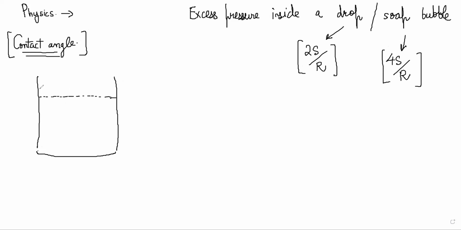It could be like this, or it could also be like this, depending on the liquid. Clearly, since the liquid surface is curved, there will be an angle between the liquid surface and the solid. That angle we will define as a contact angle.